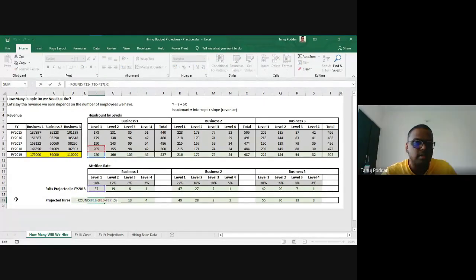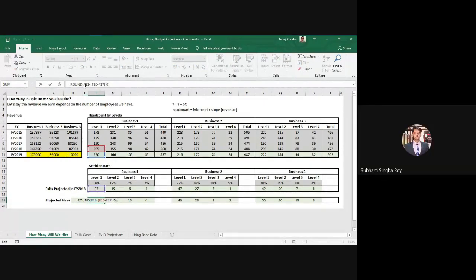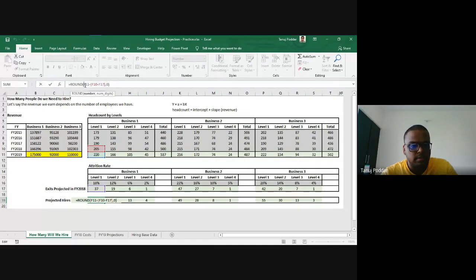Yeah. Okay. So basically, if you look at this particular cell, you have 205 hires. You want to reach 220. Just think of it as something you have, like some coins. Say at the end of a particular period, you want 220 coins with you.